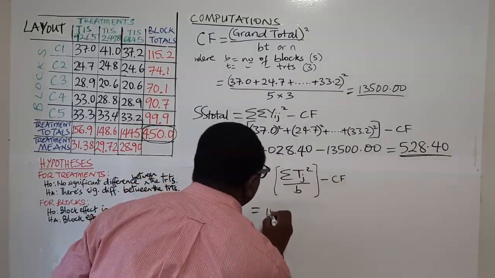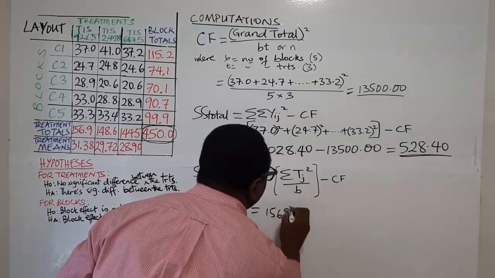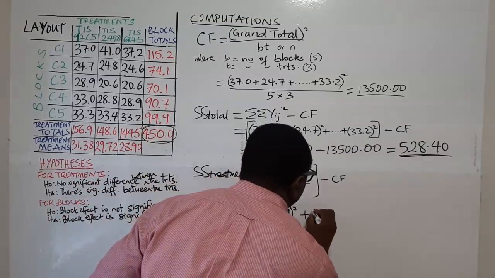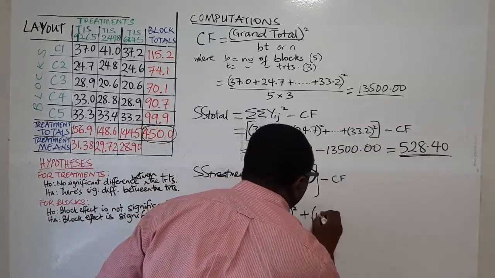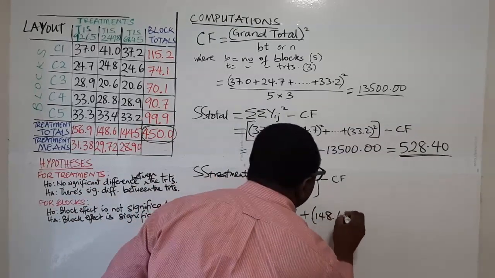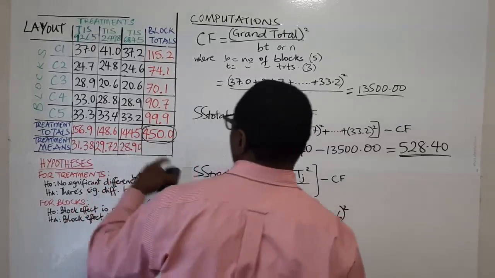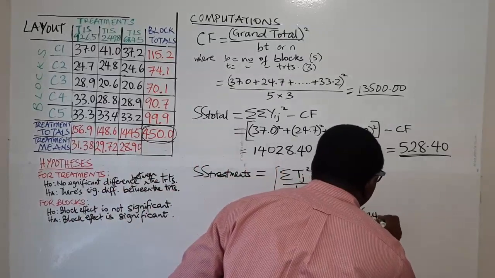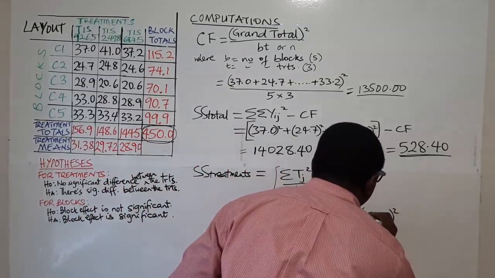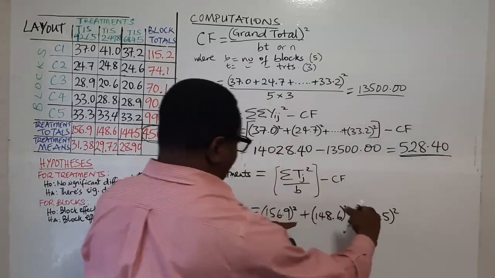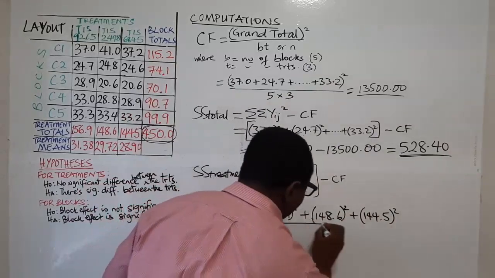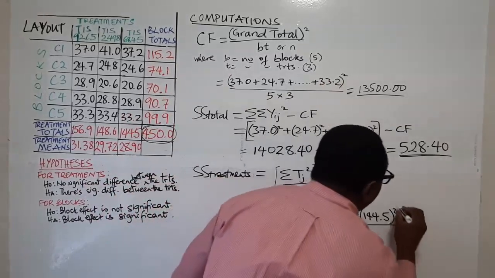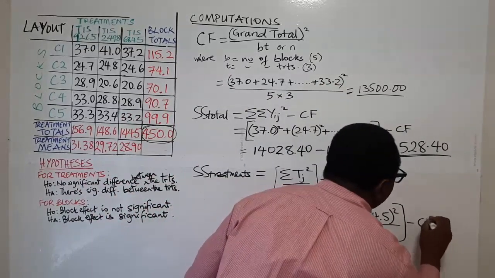So 156.9 squared plus 148.6 squared plus 144.5 squared. So that's all. Everything now divide by number of blocks, which is 5. And then the whole thing minus your CF.